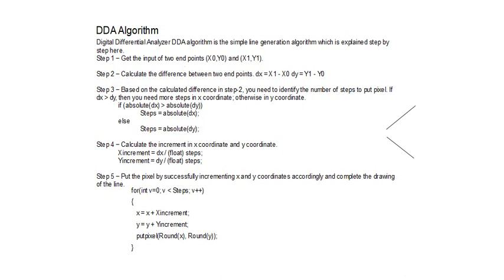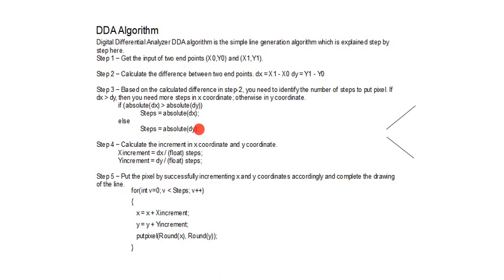So if change in x is 10 and change in y is 15, in that case steps here has become 15, because the value of dy is greater than dx.